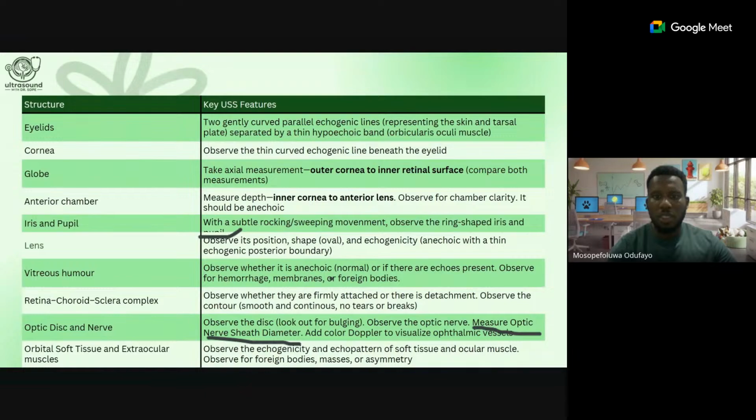Measure the optic nerve sheath diameter. And then when you get to the optic nerve, you can just put some color on the optic nerve, which tells you that the ophthalmic vessels are patent and vascularity to the eye is intact.